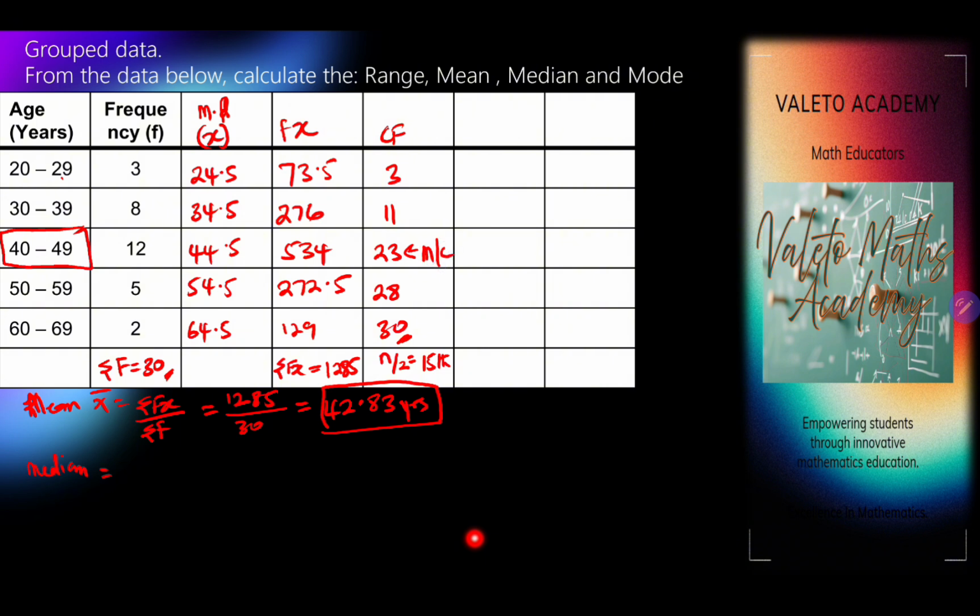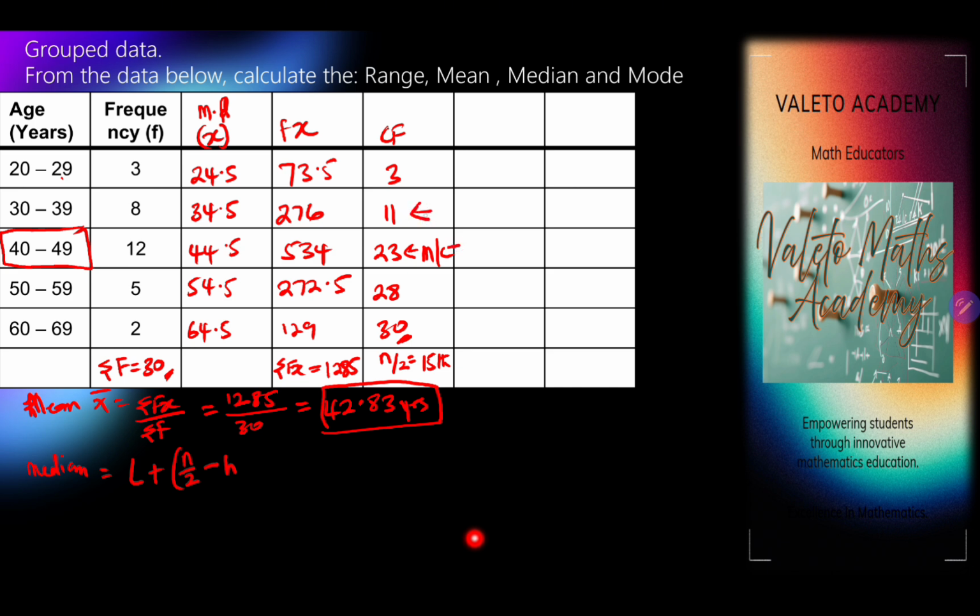To know the exact value of the median, we have to apply a formula. That formula is the lower class boundary of the median class, plus n over 2. N we know is 30, the number of elements in the data set, minus the cumulative frequency just before the median class.